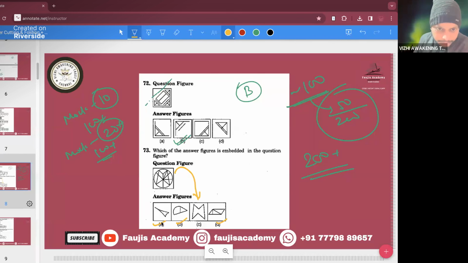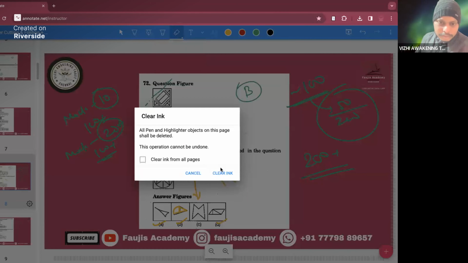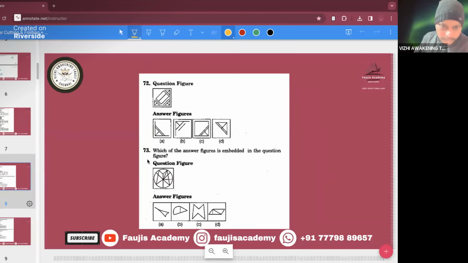Can we make A? We'll have to look for some intersection like this. Is there any intersection? No, there's no closed intersection like this. This is a part of a circle, then a straight line, looks like a cone. Can we make a cone somewhere?